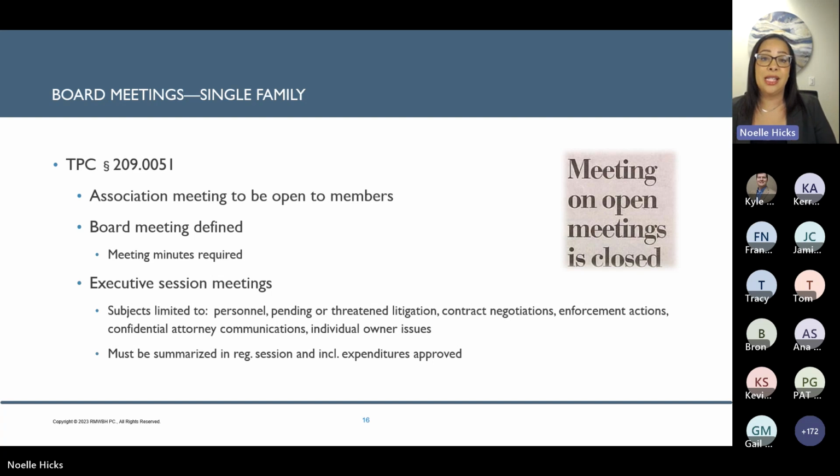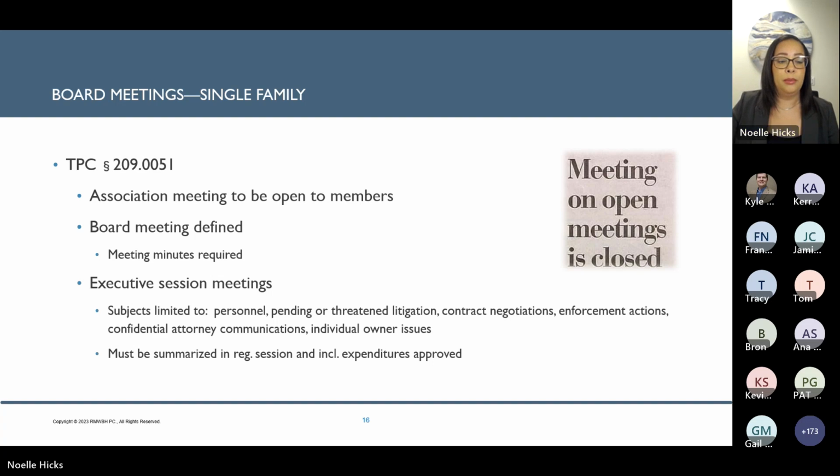So they are to be discussed during executive session. Of course, anything that is discussed in executive session has to be summarized in regular session, including expenditures that were approved during that executive session, and also needs to be placed in the meeting minutes in a brief way, right?